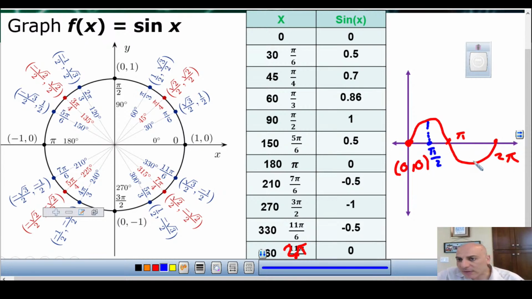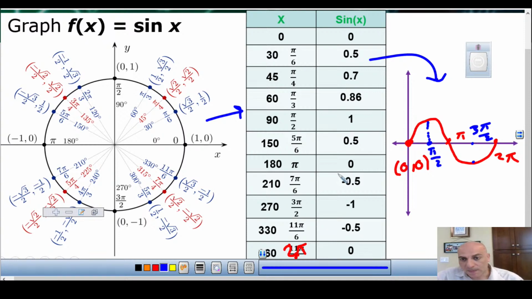Well, that's going to be 270. Come on. It's going to be here, which is 3 pi over 2. And you follow this circle, which gives you a table. The table gives you the graph. This is how you graph the sine function.